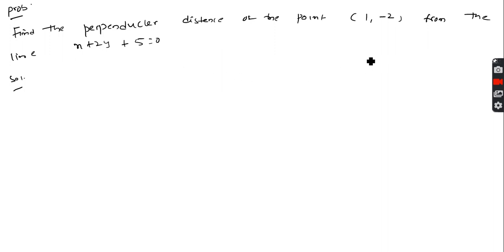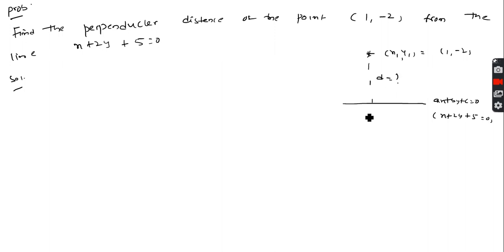That is, this is a point (x1, y1), which is (1, -2), and this is a line ax + by + c = 0, which here is x + 2y + 5 = 0, and this is the distance d. We find the distance from (x1, y1) to ax + by + c = 0.